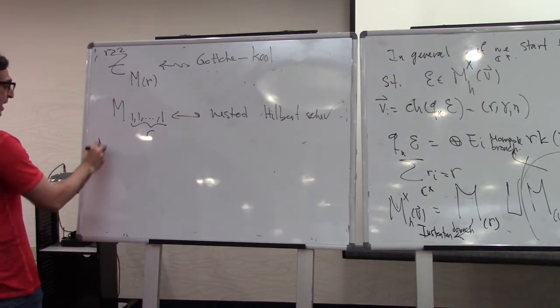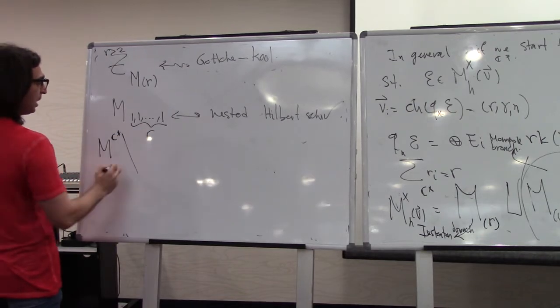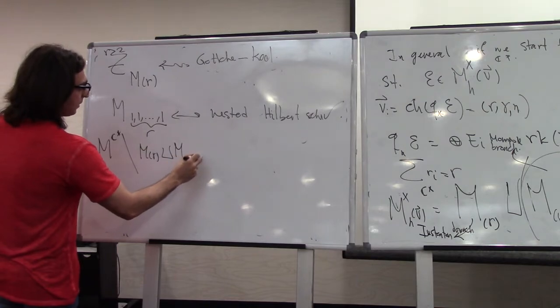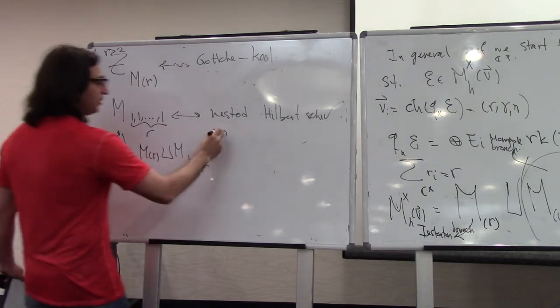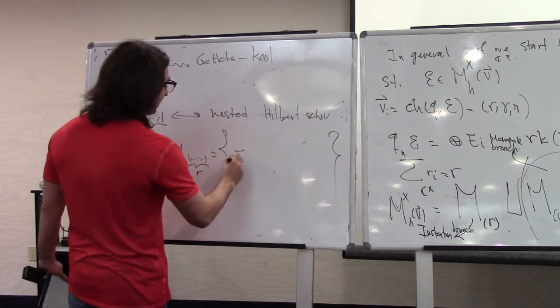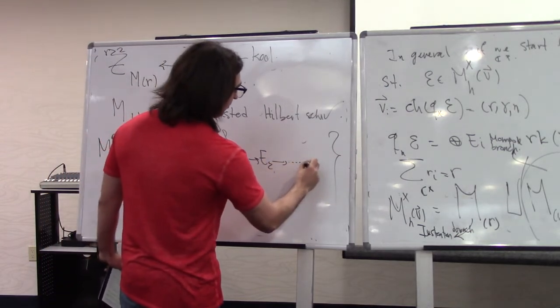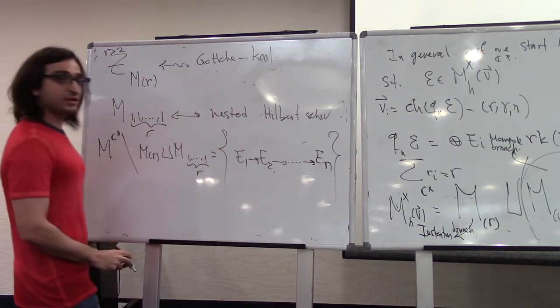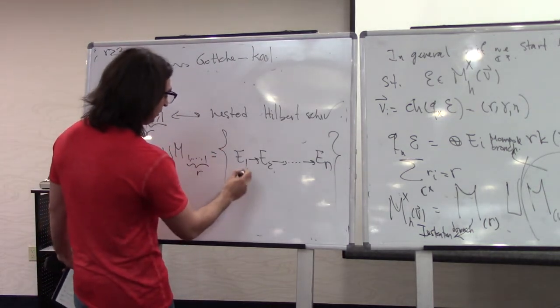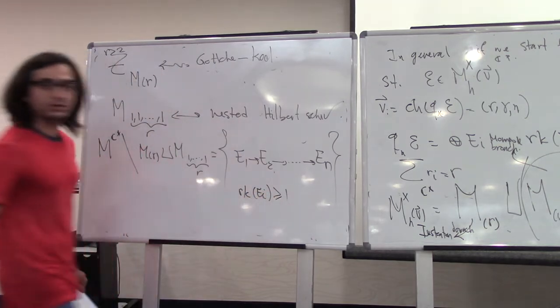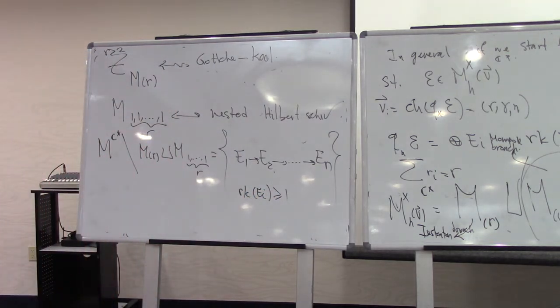So this M, C star minus MR union M11, is parameterizing flags of higher rank sheaves. Maybe something like this, where the ranks of the E_i could all be bigger than or equal to 1.